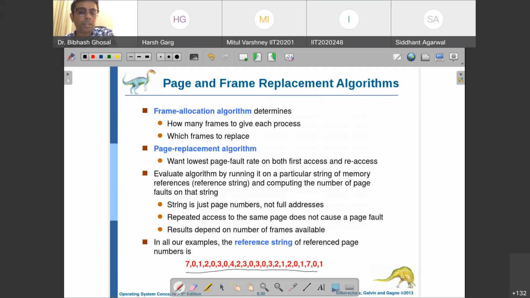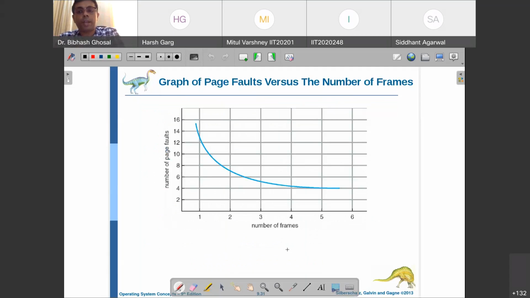The reference string is the sequence of virtual addresses that are generated. If these virtual addresses correspond to a particular frame, this diagram clearly shows that as the number of frames increases, the number of page faults decreases.